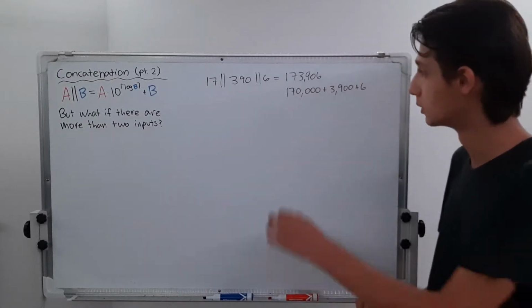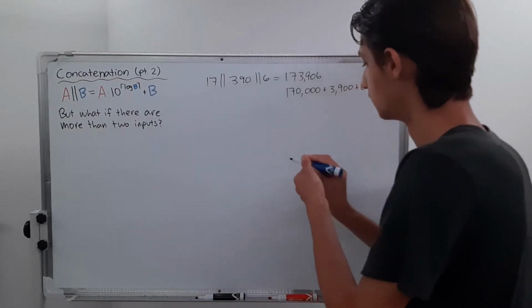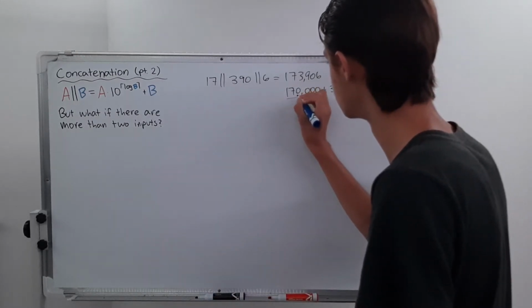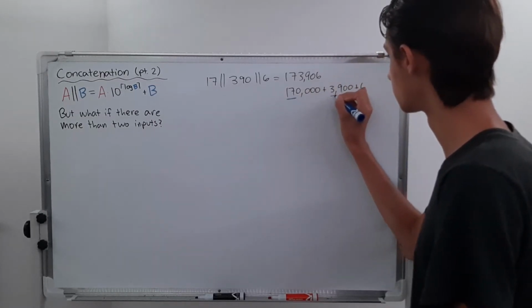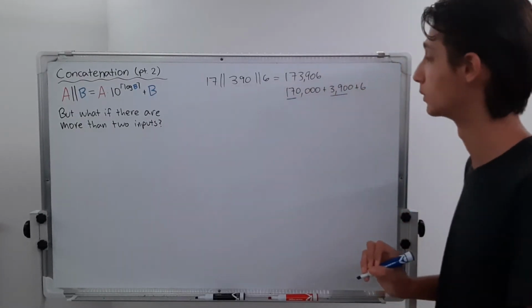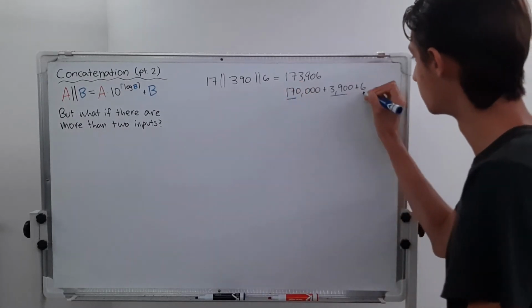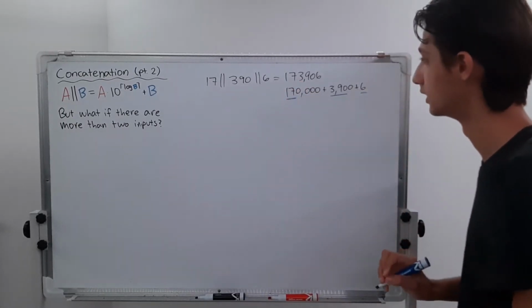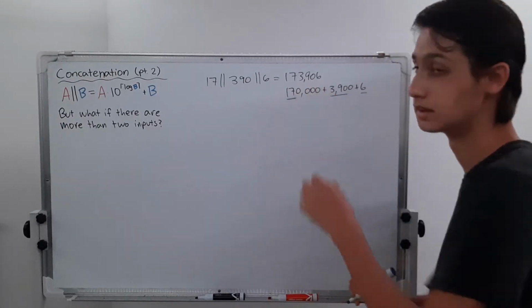I'm going to underline it in blue. The 17 is our first number. This 390 is our second number. Notice how I include the 0 because that's part of our number. And then we have the 6 there. So these are our digits, and they all combine to form this number.